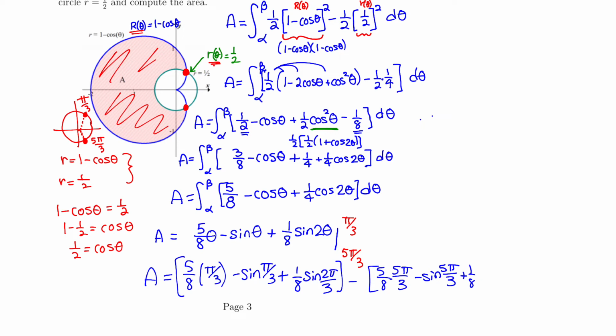But you guys are doing this on your paper, and some people just at this point plug it right into WebWork just like this with all the symbols. And some people will work it out. I would work it out because I like math, and I would love to find sine of pi over 3, which is square root 3 over 2, and sine of 5 pi over 3, negative square root 3 over 2, and double that whole thing.